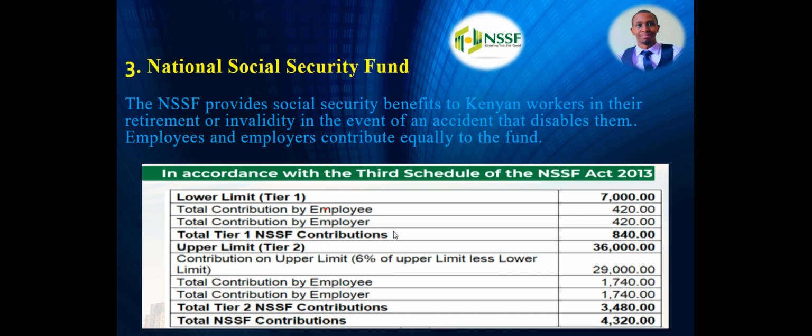For instance, if you are paying 420 for Tier 1 and 1,740 for Tier 2, that is a total of 2,160. That is the amount of money deducted from your payslip. It is also required that the employer remit the same amount to this fund.